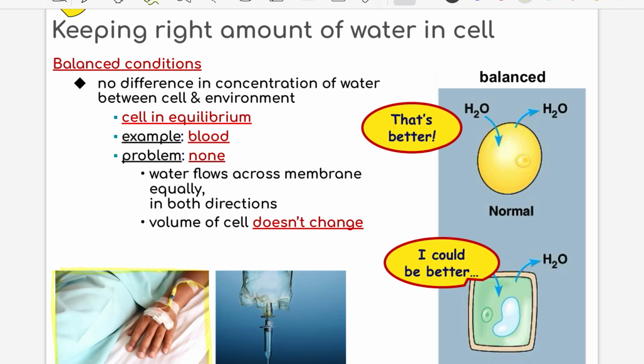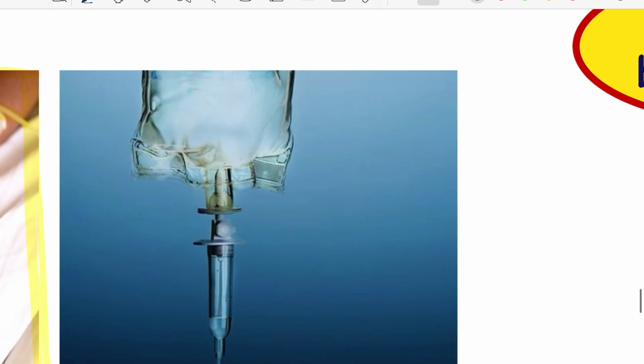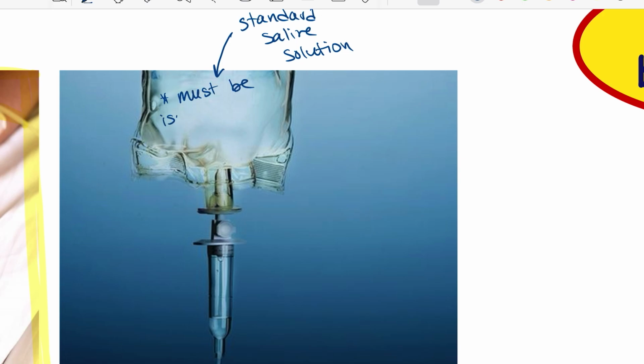What we have to be mindful of is that this solution here is called standard saline solution, and it must be isotonic to our red blood cells.